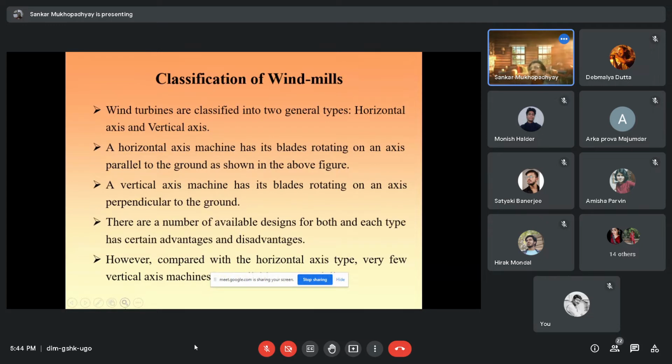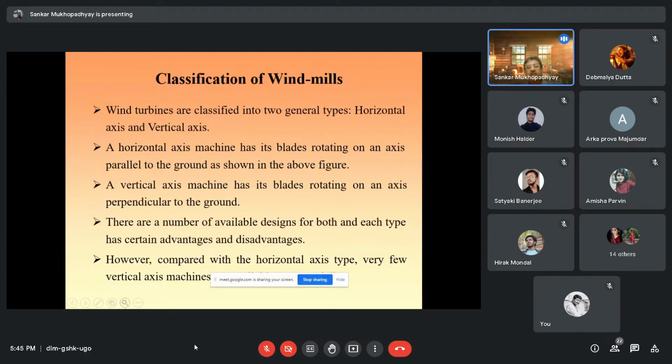That means it is like an umbrella. If you rotate the umbrella along its axis, it appears as if a vertical axis machine is operating.